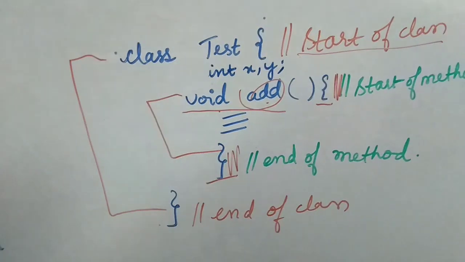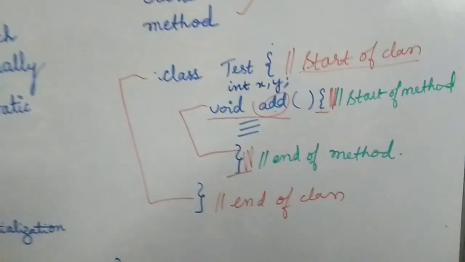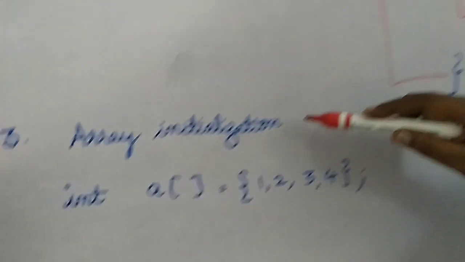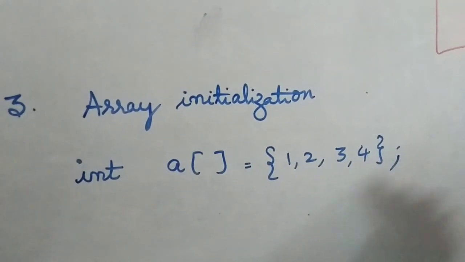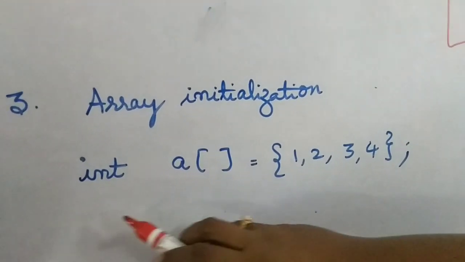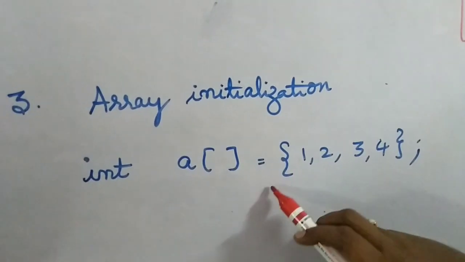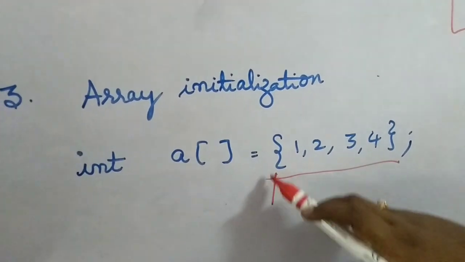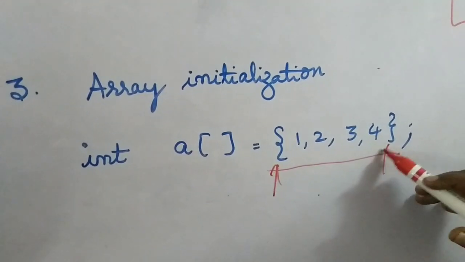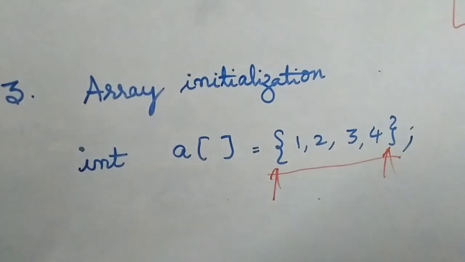The other use of braces is to initialize arrays. To initialize arrays we use braces. I am saying int a and then initializing it, and the initialized values are put between the open brace and the closing brace, separated by commas.